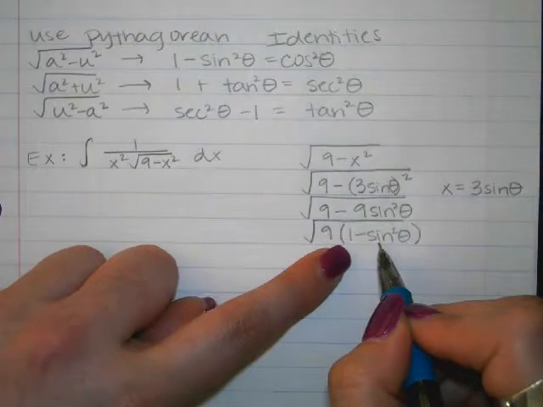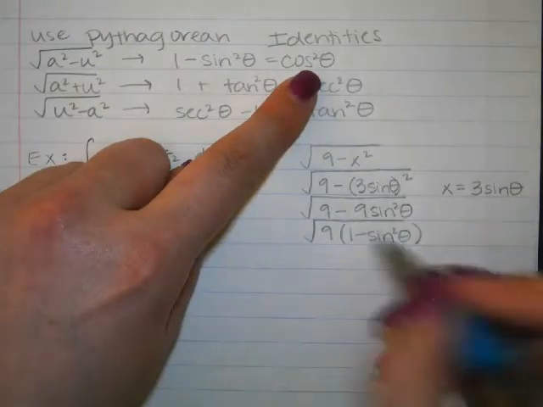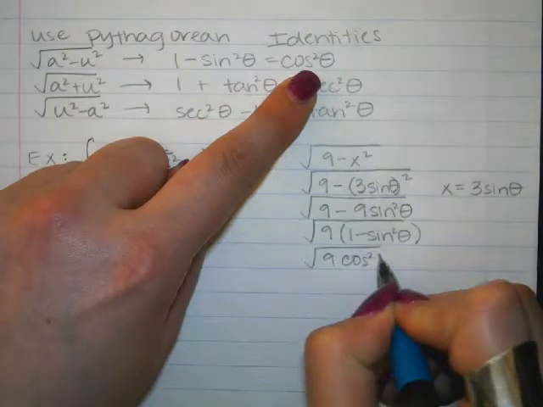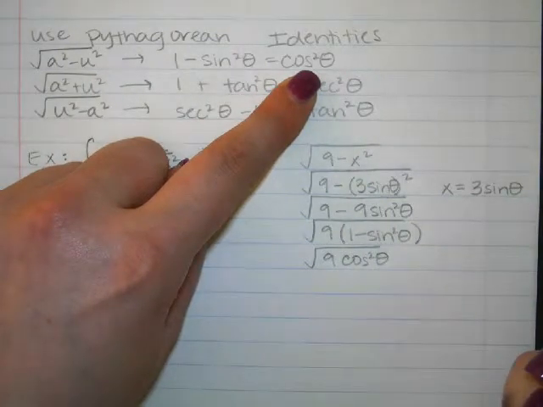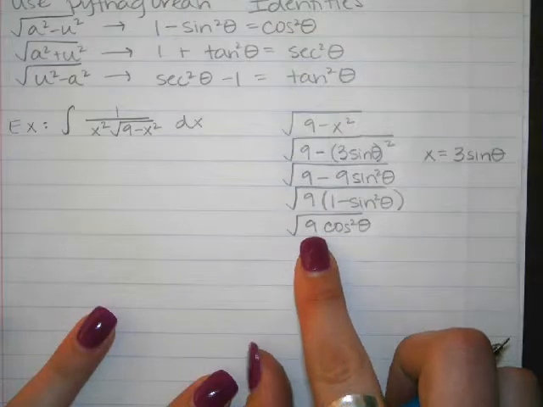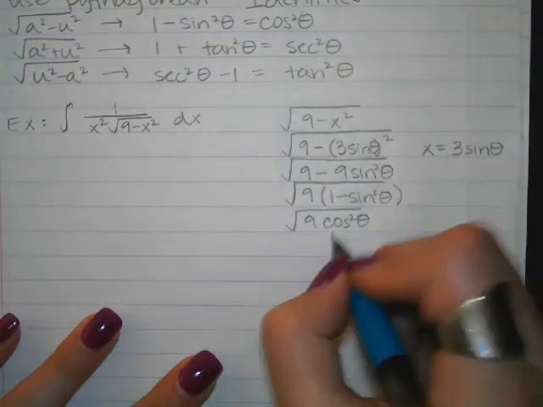And 1 minus sine squared can be replaced with what? Cos squared. Okay, so now I can finish this. What's the square root of 9 cos squared? 3 cos.